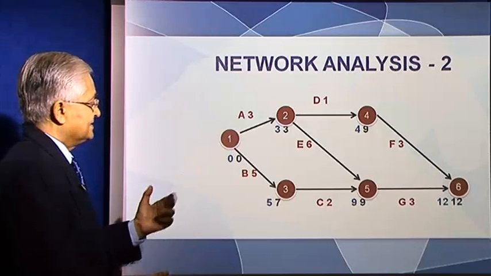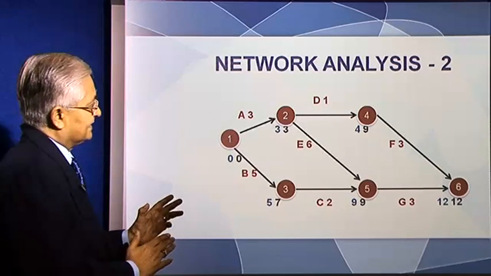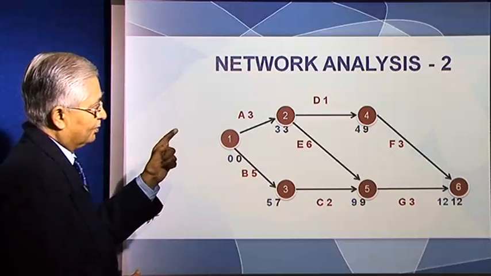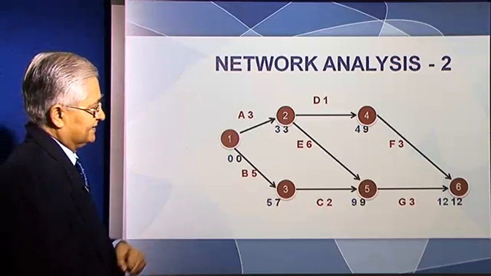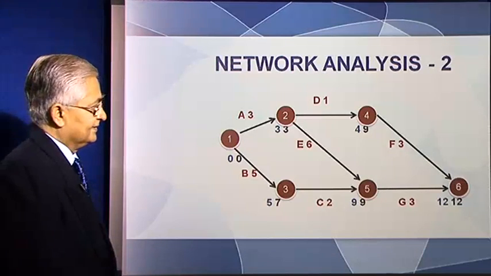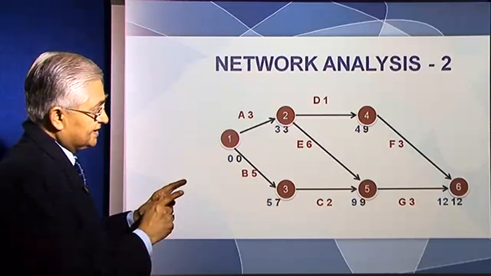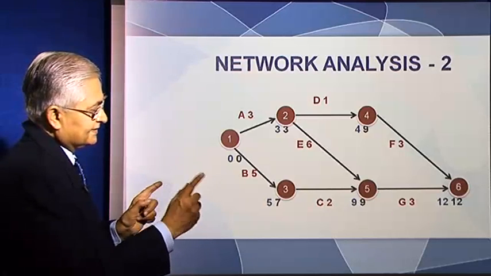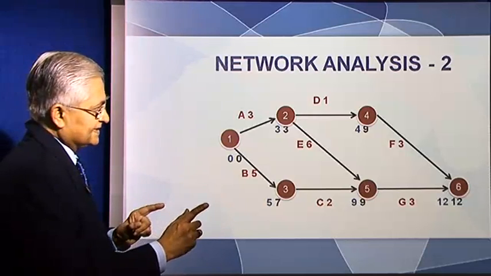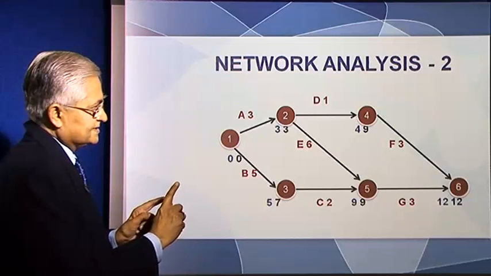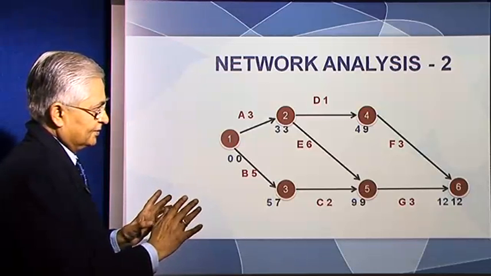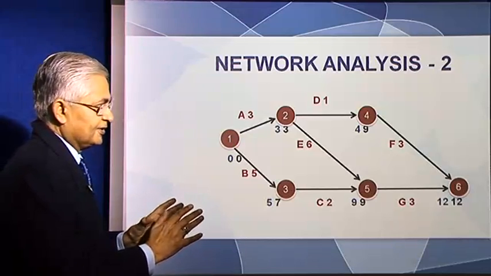So in the case of E, the earliest and the latest start dates are the same. It's both 3 and 3, 9 and 9. So E is a critical activity. In the same way, G, if you look at the 2 events on both sides of G, 6 and 5. 6 is 12, 12. 5 is 9, 9. Right? Okay. G again is a critical activity.